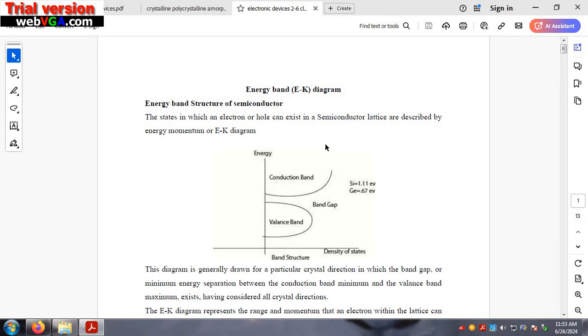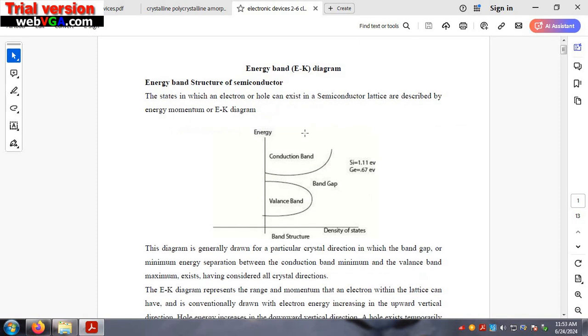This knowledge is important to understand the mechanism of optoelectronic devices. That particular topic is the E-k diagram. The E-k diagram is the energy versus momentum diagram.